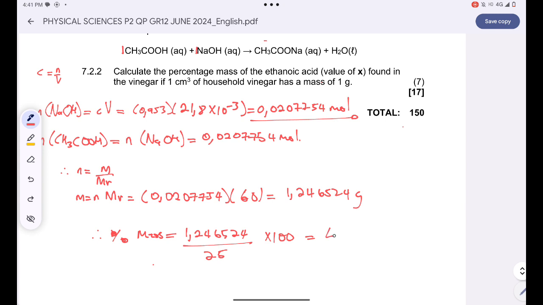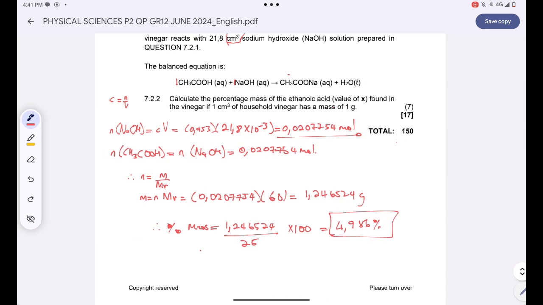This will just give me 4.986%. This is the amount of ethanoic acid present inside the household vinegar.